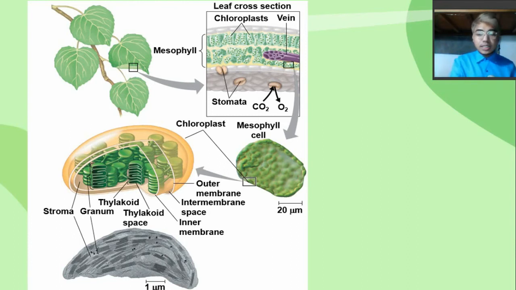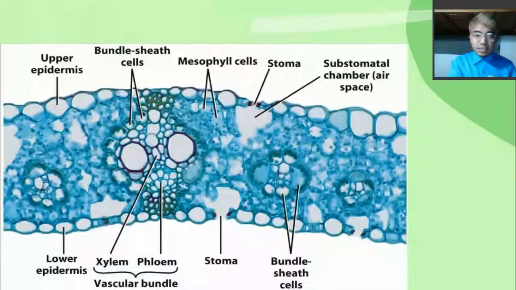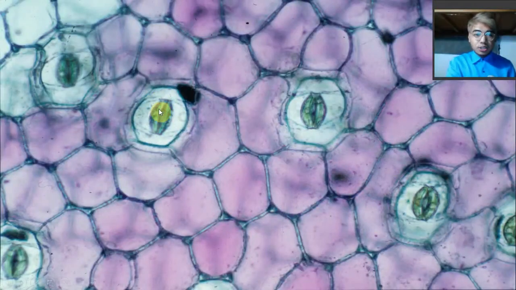The mesophyll cells contain the chloroplasts, and the different parts of the leaves are responsible for the presence of water, the exchange of gases, and other things necessary for photosynthesis. For instance, the stomates, also known as the stomata, are openings on the epidermis of leaves.